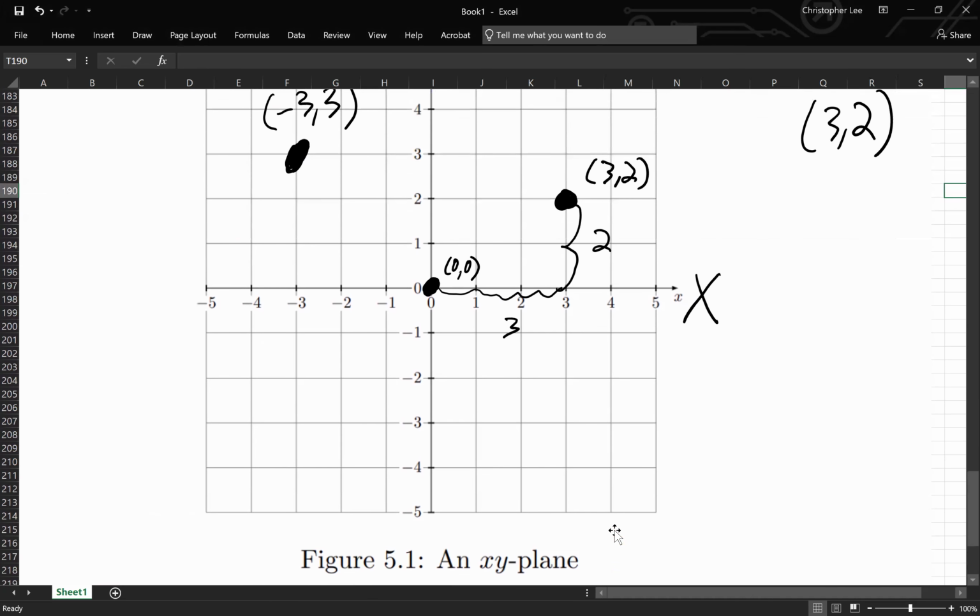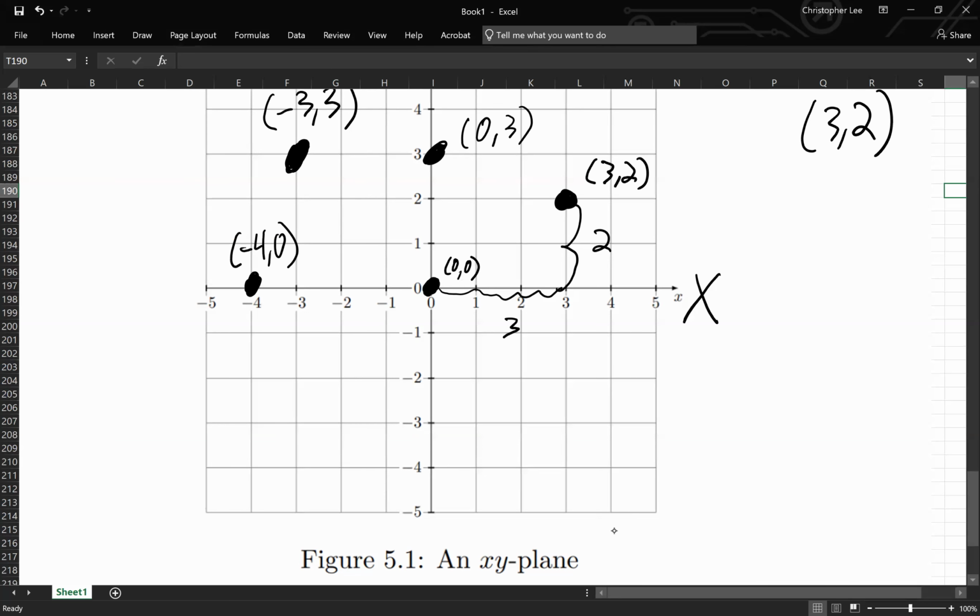So if I'm on the x-axis, let's say I'm right here, this point right here is -4, comma 0. If I'm on the y-axis, let's say right here, that point is 0, comma 3. That's it. Questions on that?